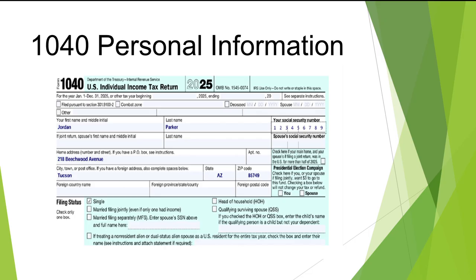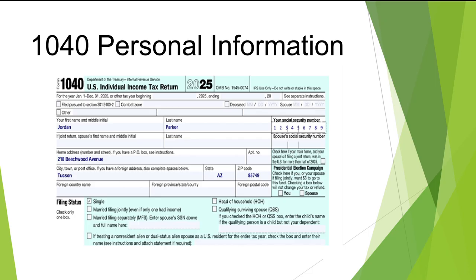If you've moved, this information should be your current address. Also notice you can check a box in the presidential election campaign section if you wish to donate money from your tax refund to the presidential election campaign for the current president.